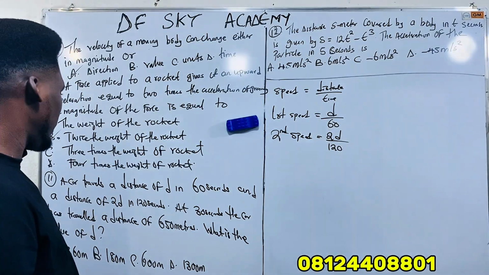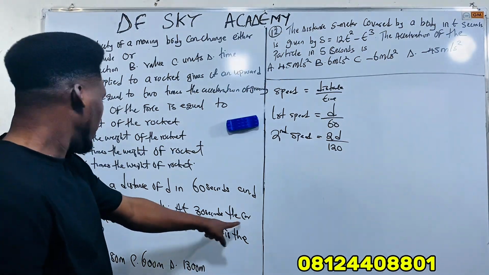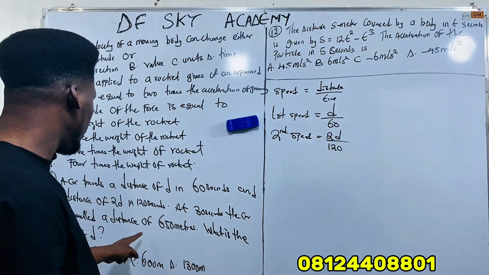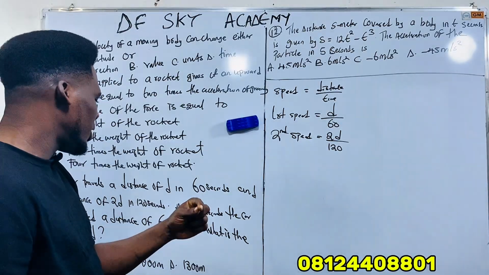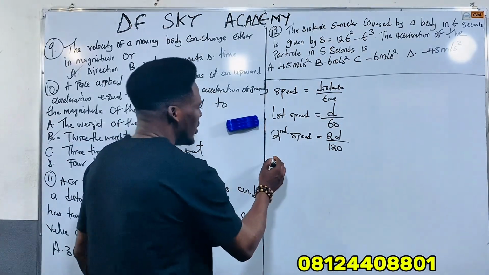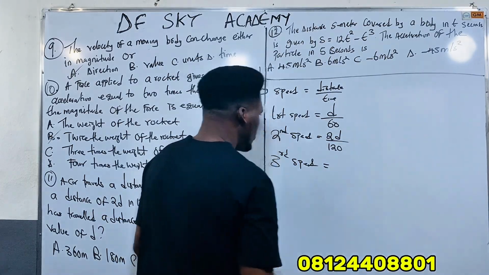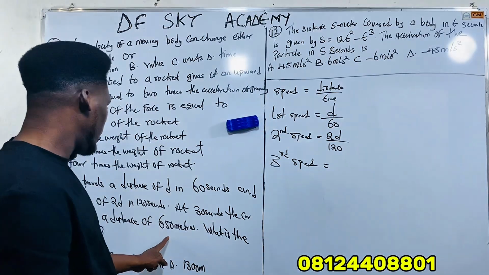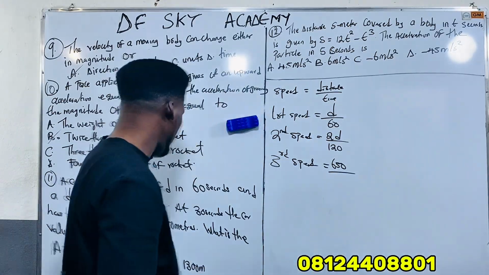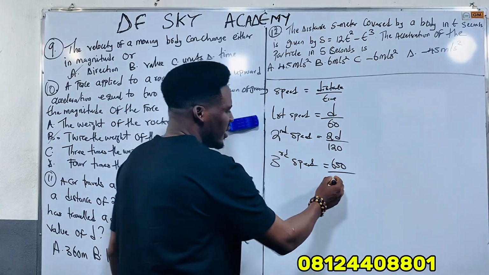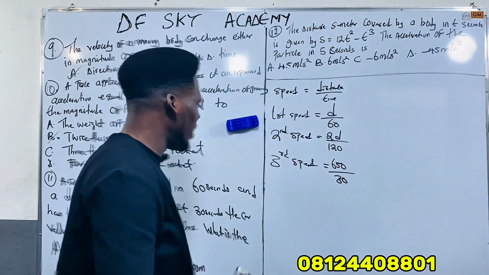They said at 30 seconds the car has traveled a distance of 650 meters. That means they gave us the third speed. The third speed, what am I going to have? The distance is 650 all over, what is the time? 30. So 650 all over 30.